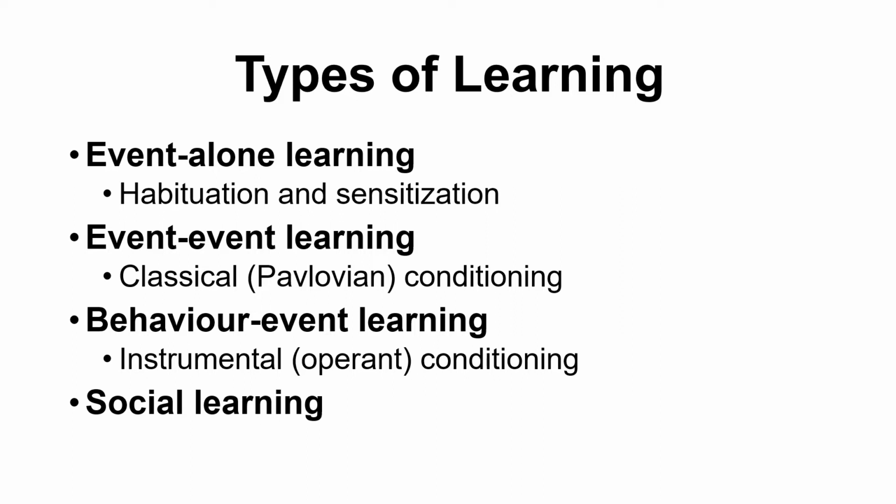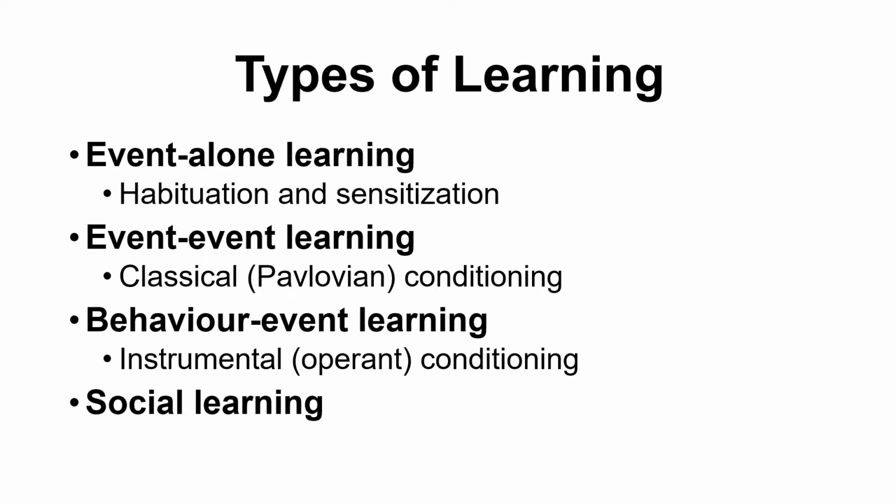Next, we would have behavior-event learning. So that would be instrumental or operant conditioning. So you've already probably heard me talk a little bit about operant conditioning because that's something I have experience with, having done operant conditioning research. So this is when a response becomes more or less likely to occur depending on what the consequences are of doing that behavior.